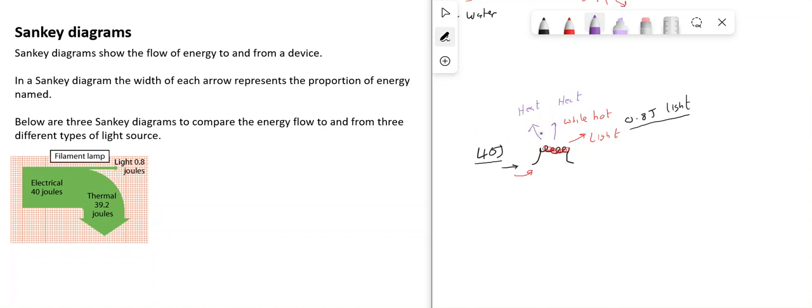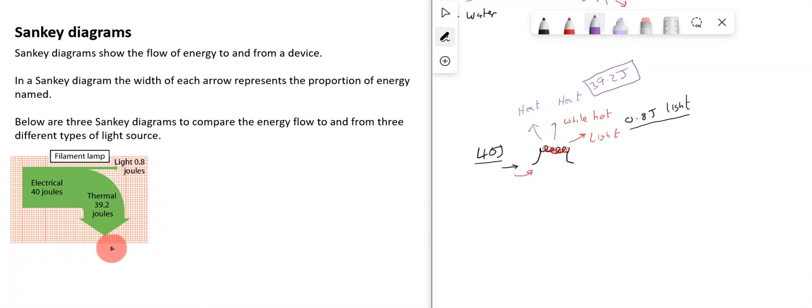Don't obviously touch the bulb, that's very dangerous and you'll burn your hand, but you can feel the heat coming off the bulb. The bulb is supposed to produce light energy, but it's only producing a small fraction of light energy, 0.8 joules. It's taken in 40 joules, and you have 39.2. So 39.2 joules is actually being lost as heat.